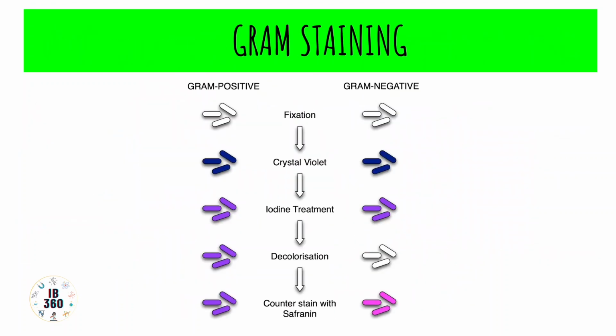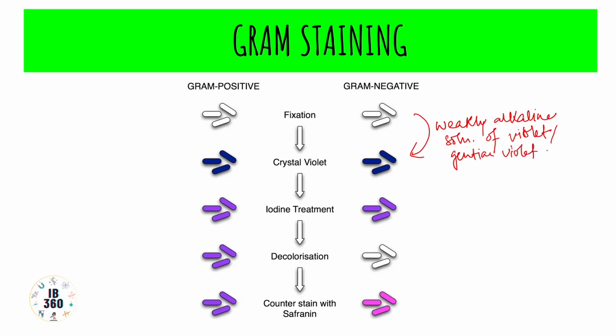So this is the gram staining process. What happens? Firstly, they are treated with a weakly alkaline solution of crystal violet or gentian violet.